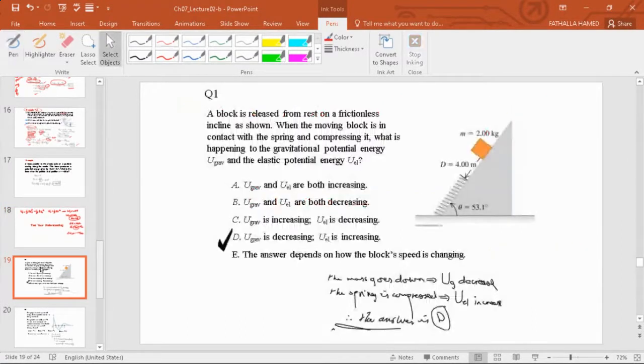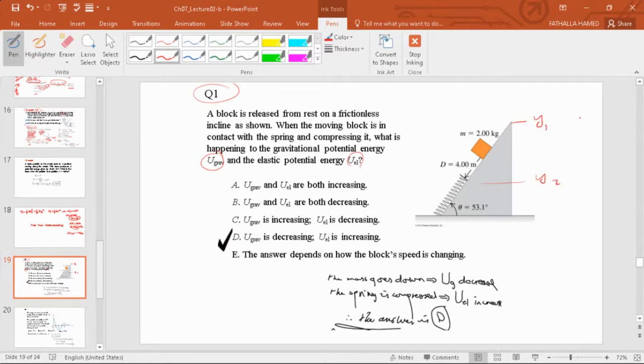Now, let's take a few questions just to test our understanding. A block is released from rest on a frictionless incline as shown. When the moving block is in contact with the spring and compressing it, what is happening to the gravitational potential energy, U grav, and the elastic potential energy, U el? Well, you're starting at Y1, and you'll get to some Y2.